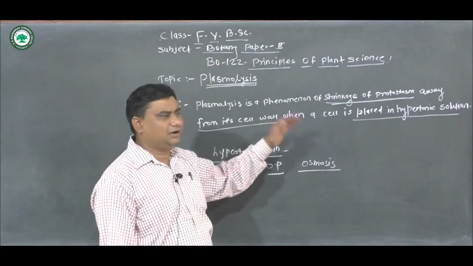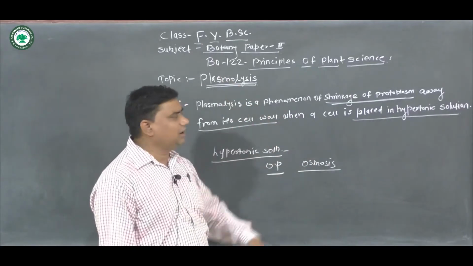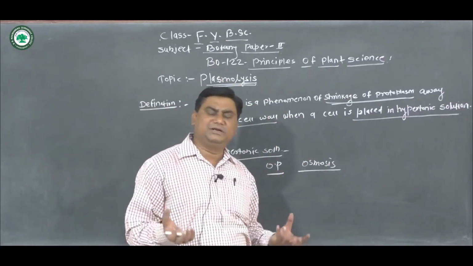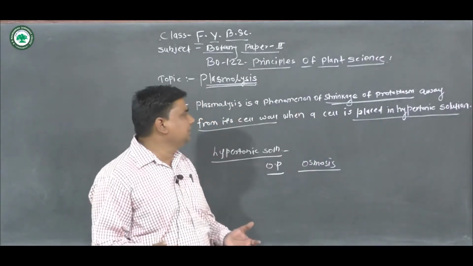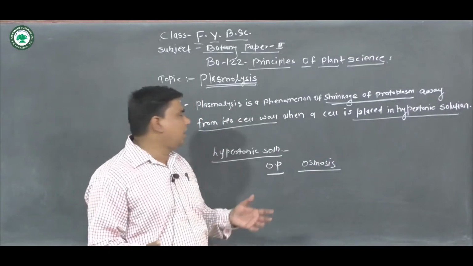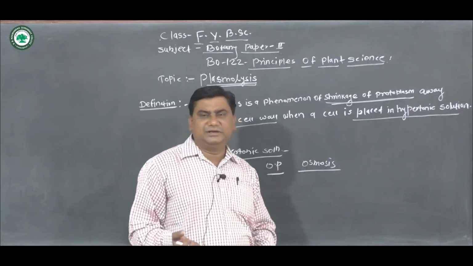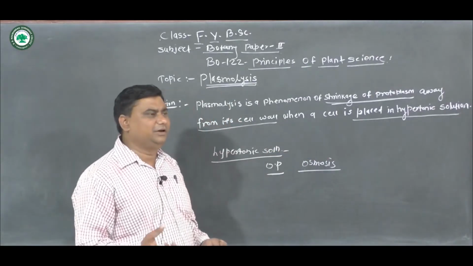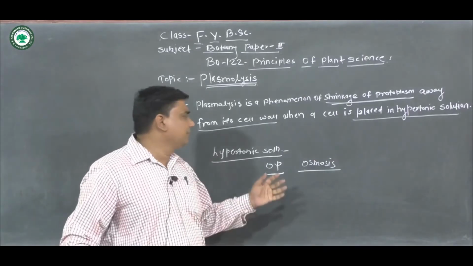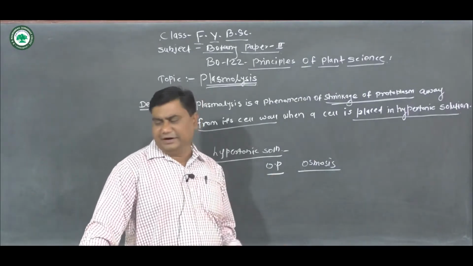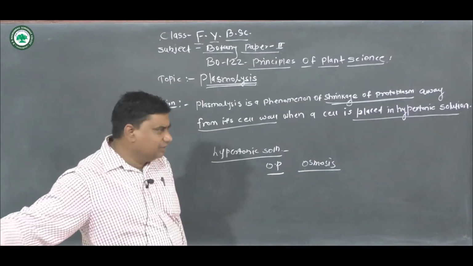So I will repeat a very simple definition: the phenomenon of shrinkage of the protoplasm away from its cell wall when a fully turgid cell is placed in a hypertonic solution is what we call plasmolysis.